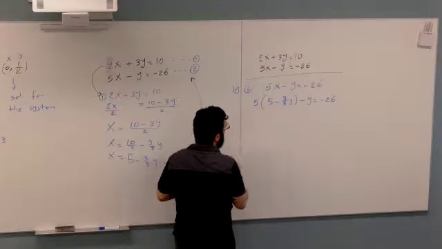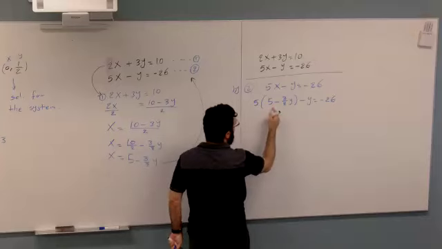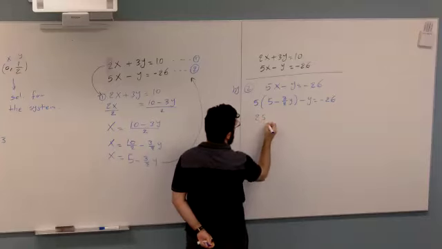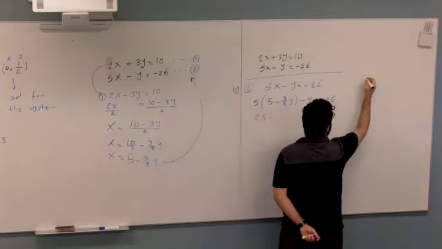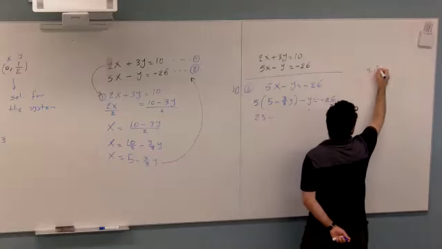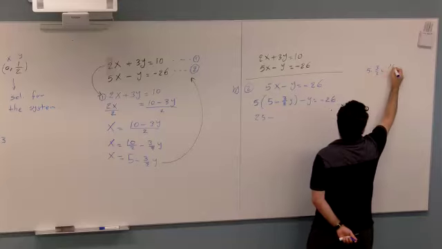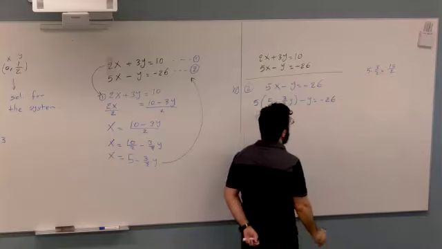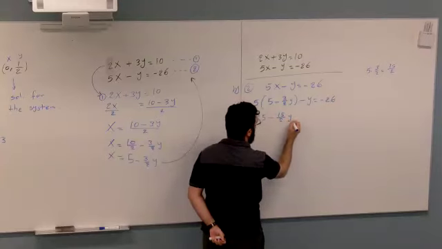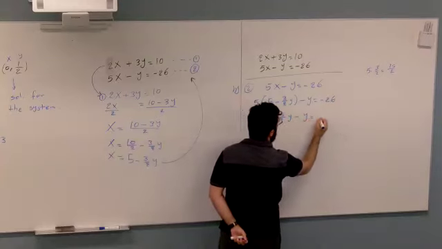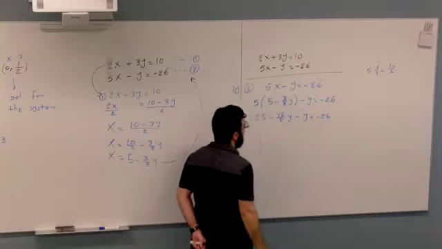We have to distribute the 5. 5 times 5 is 25, minus 5 times 3 over 2. 5 times 3 over 2 equals what? 15 over 2. Can I write down here 15 over 2y minus y equals negative 26.